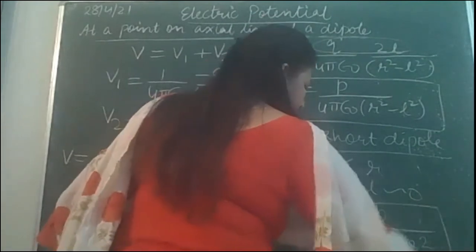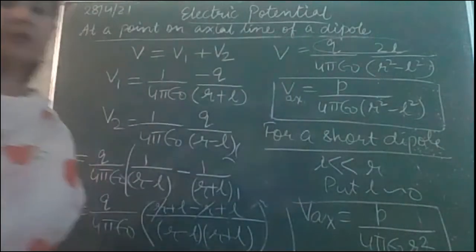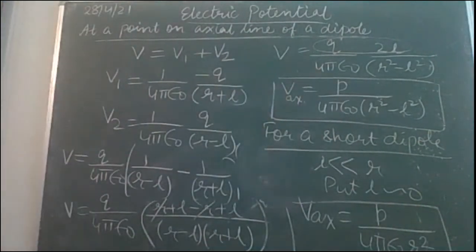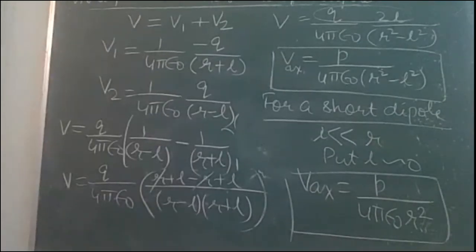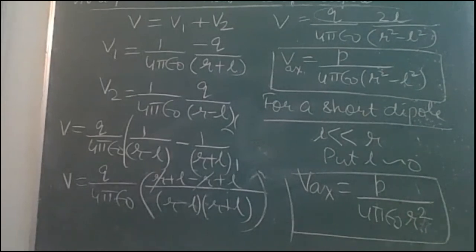So this is the expression for potential at a point on axial line of a short dipole. So this is our derivation. I hope this is clear now. If any step is not clear, students, you can tell me.